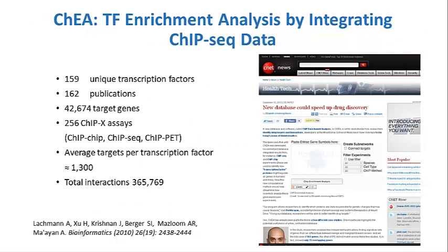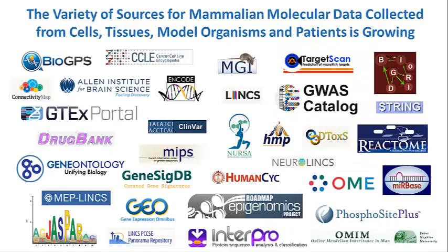Right after we published that kinase enrichment analysis paper, we published this other tool called CHEA, which is ChIP enrichment analysis. We did it with KEA and CHEA, but in reality, there is a whole lot of big data sets out there that could be converted into the simplified format that I mentioned, that gene set library format.